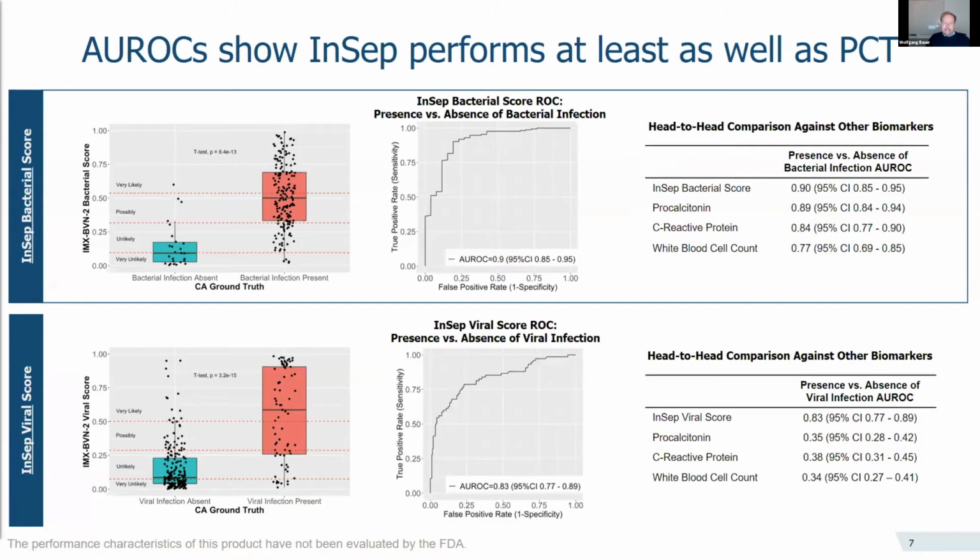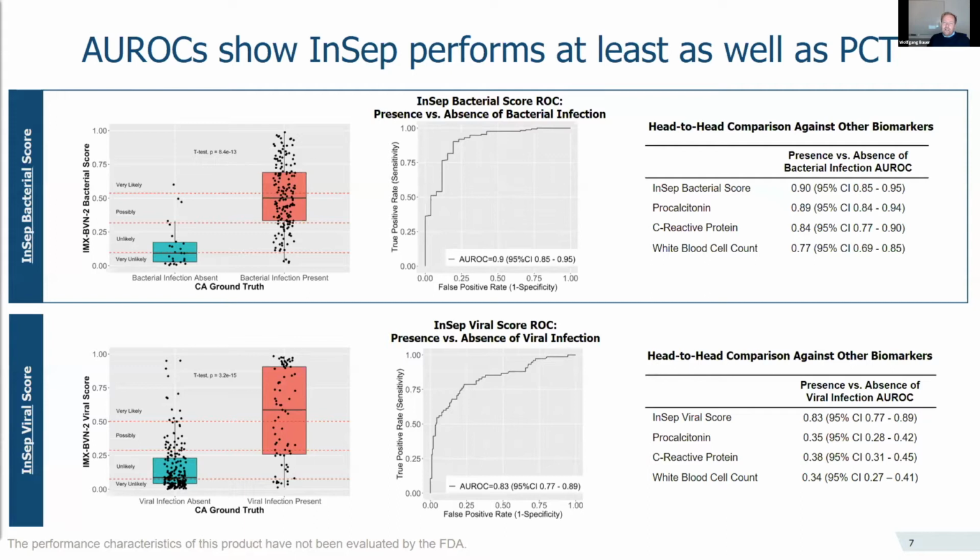To assess the INSEP test results, we created receiver operating characteristic curves, and we could show the ability of the INSEP test to differentiate between infection and non-infection significantly for bacterial and for viral infections. To compare the performance, we also analyzed the PCT, C-reactive protein, and the white blood cell count. And once again, PCT and CRP are tough sparring partners because the adjudicators used them to decide if a bacterial infection is present.